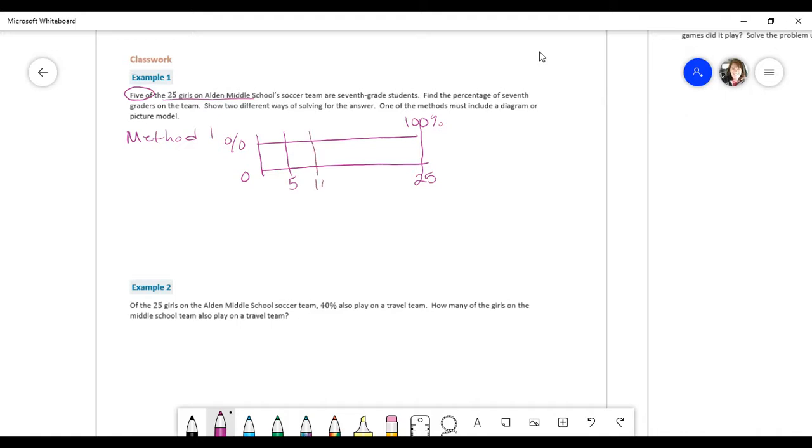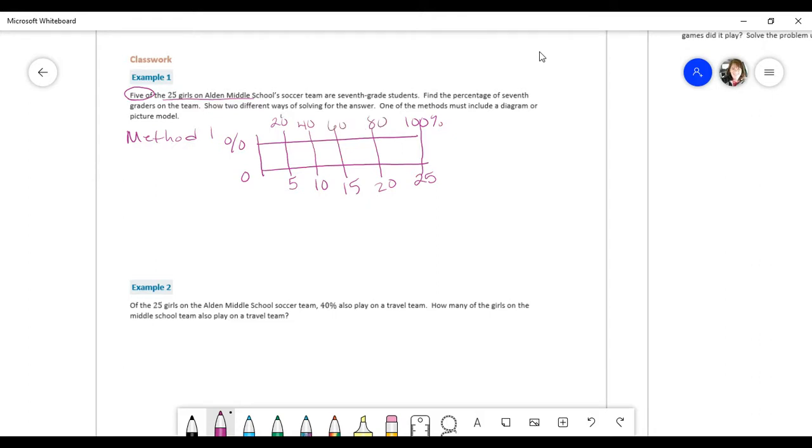So if we have 5, 10, 15, and 20, and then 25, we have 5 different sections. So 100% divided by 5, what is each one of these worth? Each section is worth 20. Good. So 20, 40, 60, 80.